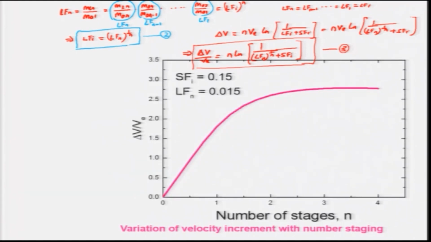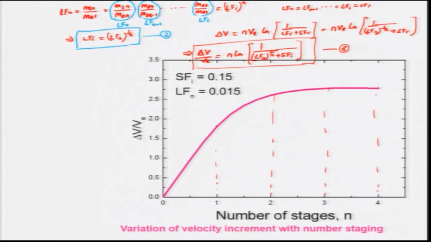We can see how delta V by V_E goes on with the number of stages, and this is plotted for SF_I of 0.5 and LF_n of 0.15. For one stage there is some velocity increment, but as you go for more stages, the velocity increment is reduced further, there is not much gain in velocity change, and if you go for 4, there is hardly any change.